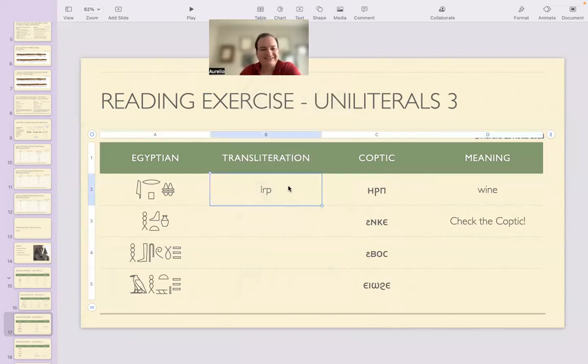Perfect. You're absolutely right. This is actually a reed leaf. You can see it better if you look it up in the database. Oh, silly me. No worries at all. So you have the reed leaf, which at this point in time is probably a vowel marker, followed by an R. Actually, that's a mouth that's being depicted here, and whatever the P is.